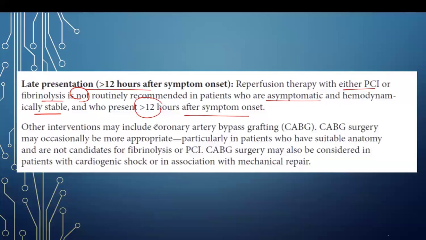So the intervention at that time can be a coronary artery bypass grafting or a PCI. Okay, so it depends. We will come into that, like when to choose stent and when to choose the bypass grafting, depending on the coronary angiogram. So after 12 hours, if patient is stable, then you would not send the patient for a PCI or fibrinolytic. You would actually go for a coronary angiogram.